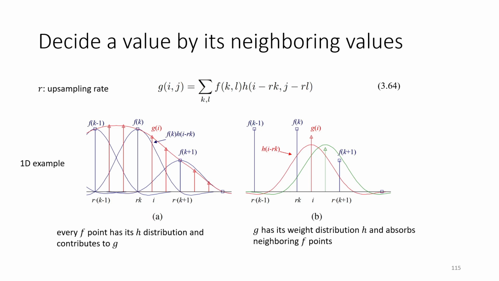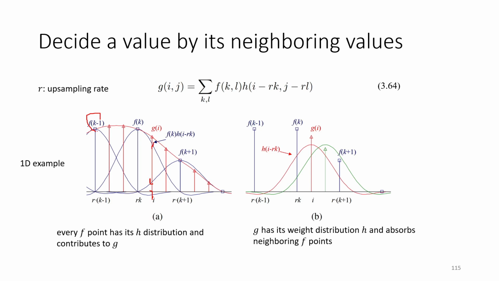This curve means the contribution from F(k-1) to G would be a negative value. F(k) will contribute to G here. And F(k+1) will contribute to G here. G's value will be the summation of the 3 points. So this is the first perspective.